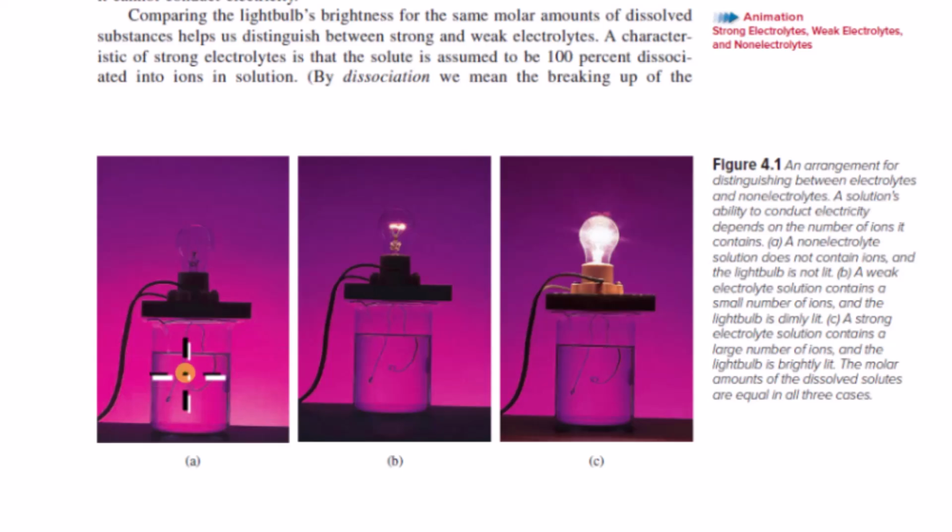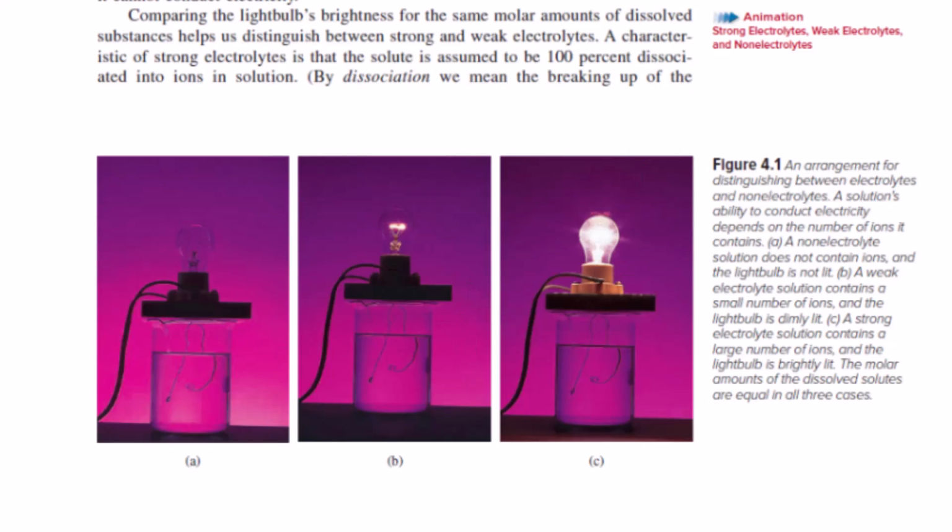And the idea is pure water can't conduct electricity. But if you dissolve an electrolyte into the water, then all of a sudden the light bulb lights up because there's an electric current going between the two electrodes. That's the idea of an electrolyte.